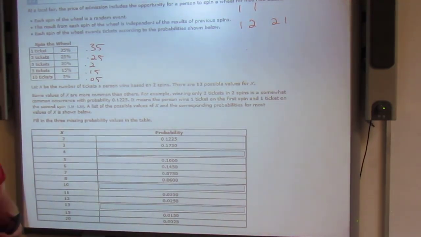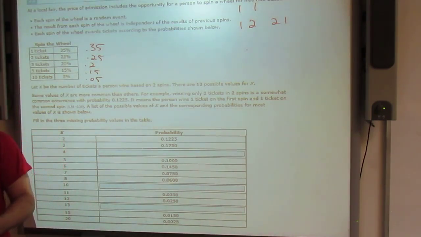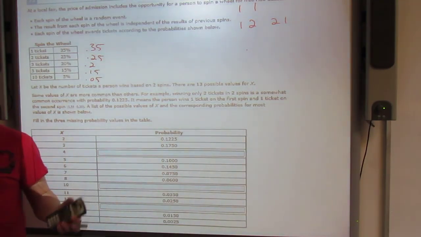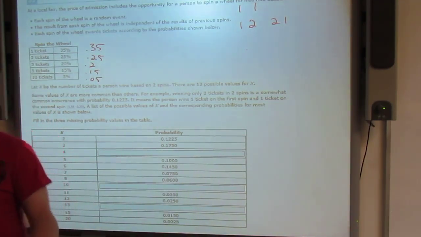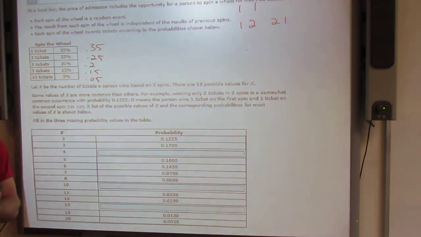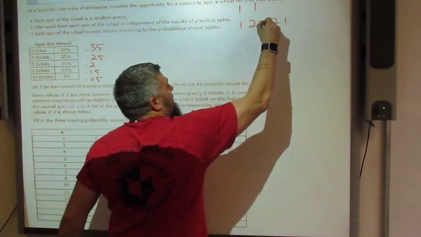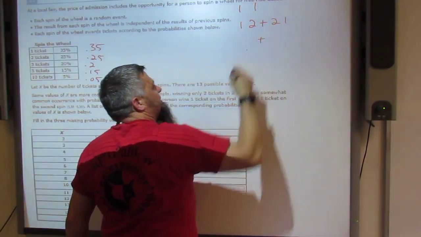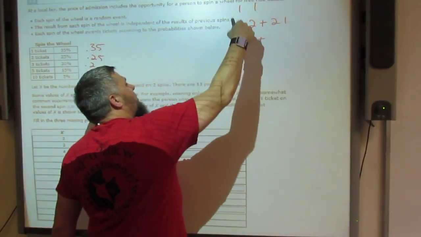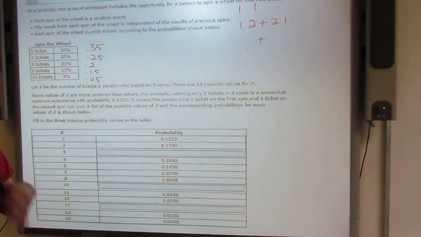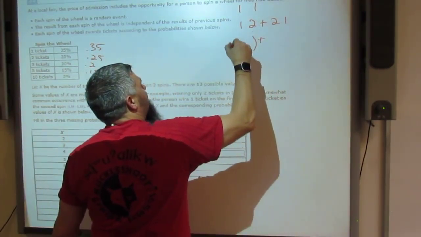It's like when we roll the dice and ask, what's the chance of getting a 4? Well, 1 in 6. What's the chance of getting a 5? 1 in 6. But what's the chance of getting a 4 or a 5? Now we add those probabilities, because you have 2 possible chances. Same thing here. Even though we multiply these probabilities, we're adding these 2 probabilities up.